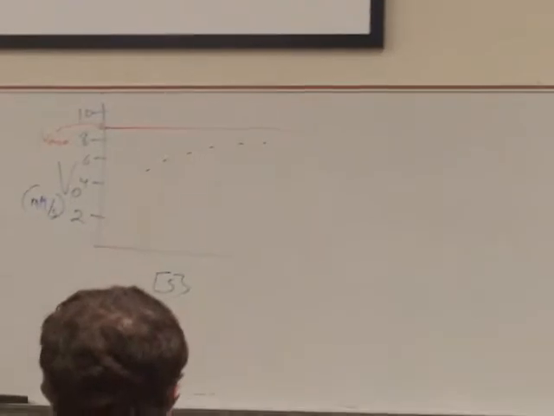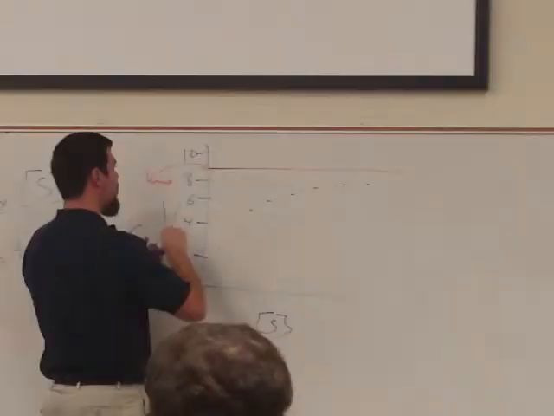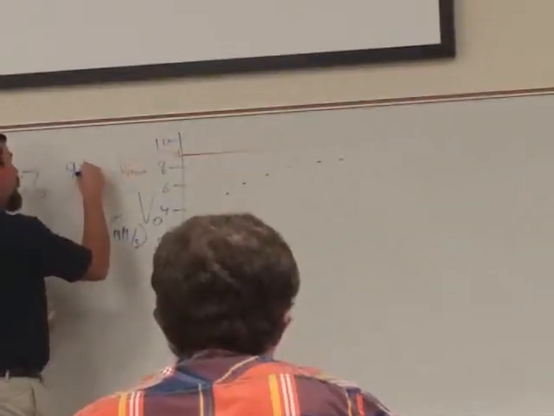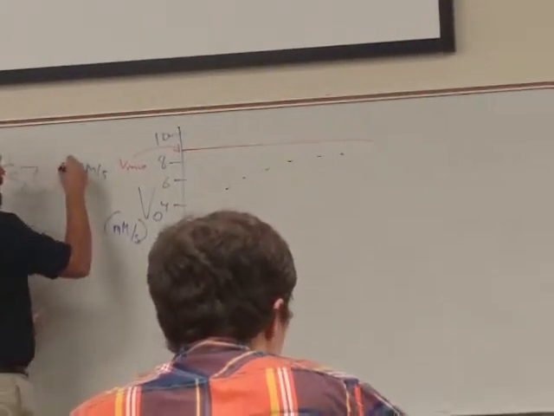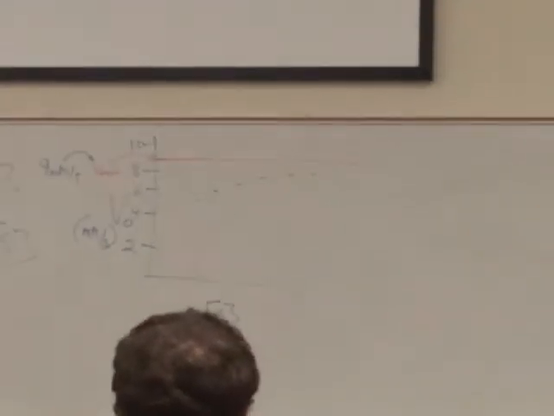Okay? Yeah, I would guesstimate from this about 9. Okay? I would say Vmax is equal to about 9 millimolar per second. It's probably slightly less, but hey, ballpark, we're close.